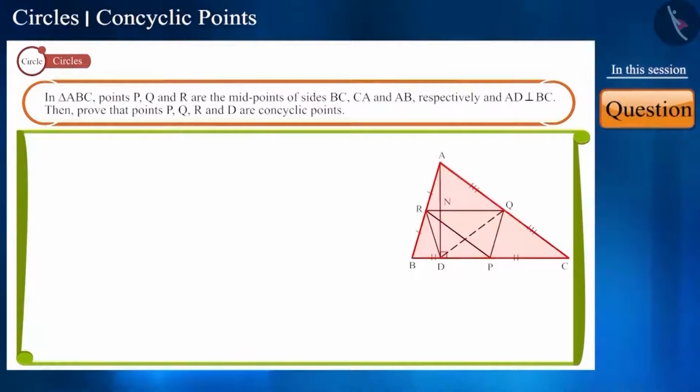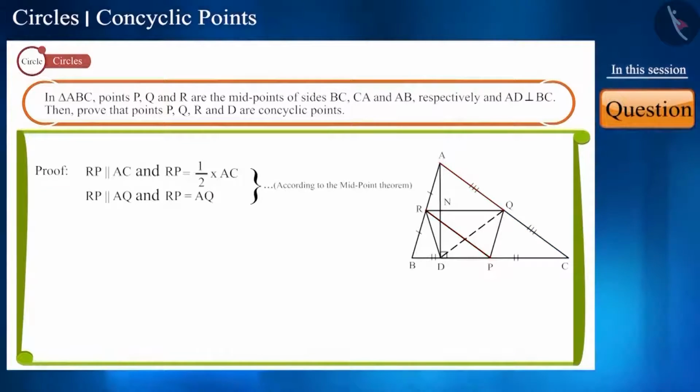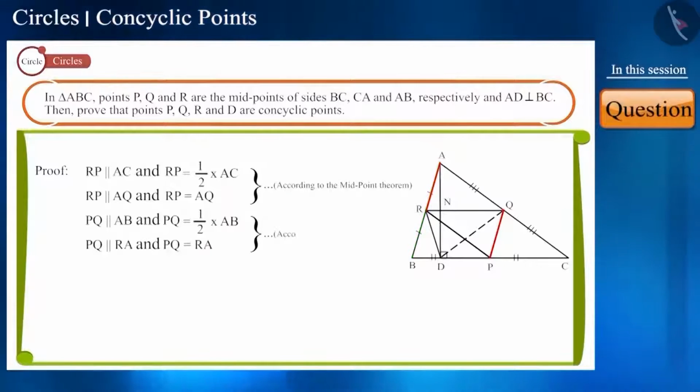Friends, we are given that in triangle ABC, points P, Q and R are the midpoints of sides BC, CA and AB respectively. So according to the midpoint theorem, line segment RP will be parallel to side AC and equal to half of it, which means it will be equal to AQ, and line segment PQ will be parallel to side AB and equal to half of it, that is, equal to RA.